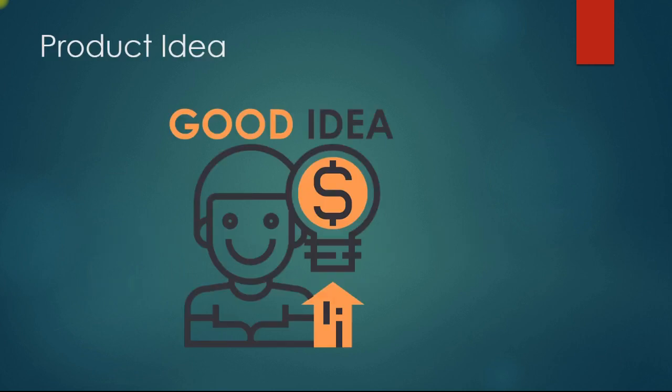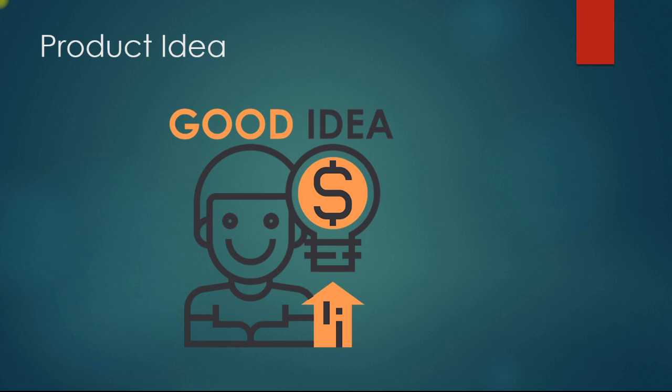So primarily you need an idea. So let's say this is you. Yeah, I know you look better than this, but just to understand the concept, imagine this is you. And you have a great idea, an idea of an app, a mobile app or software. And you know you can make millions if this idea really goes live and people start using it.